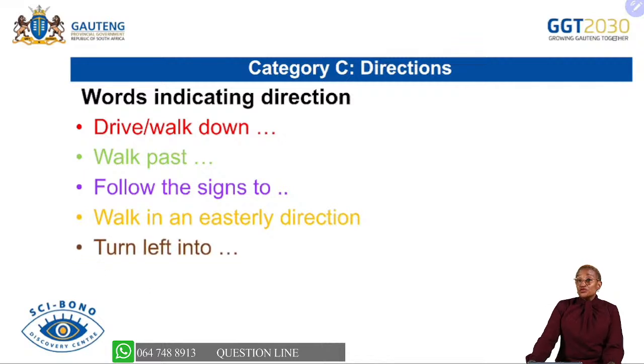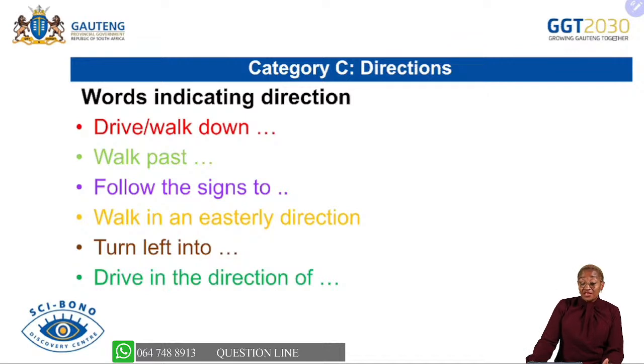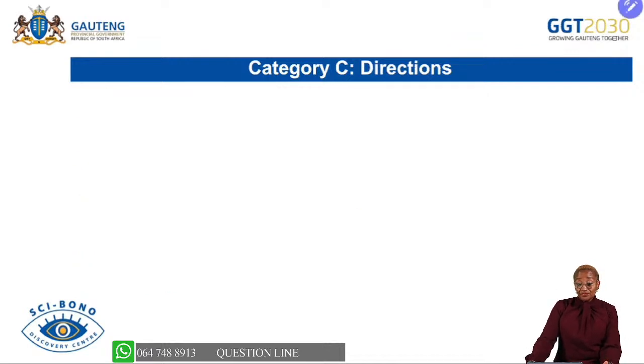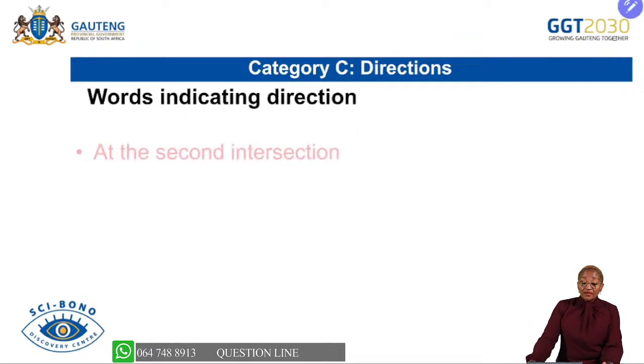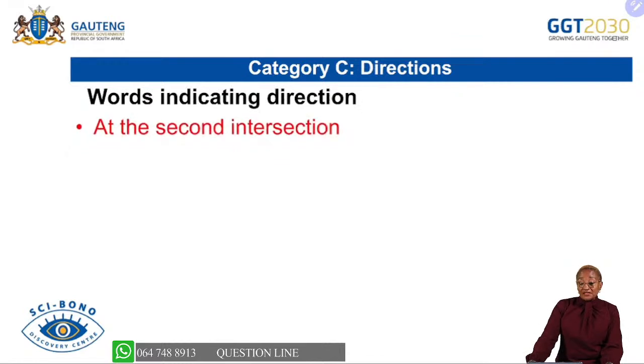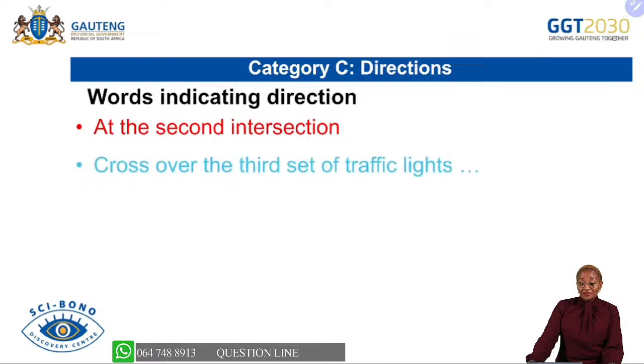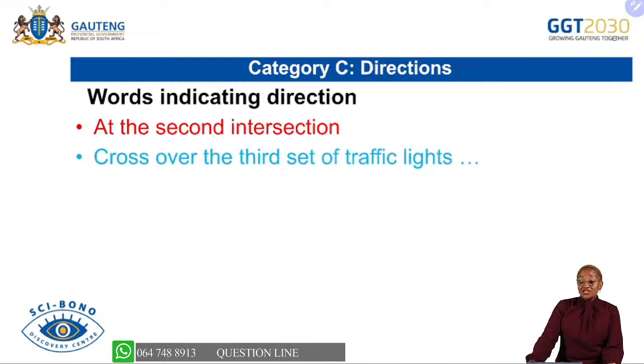Turn left into any other street, like turn left into Walter Sisulu Street. Drive in the direction of. You would then give whatever landmark that you would love to use in that regard. At the second intersection, turn right. Cross over the third set of traffic lights.